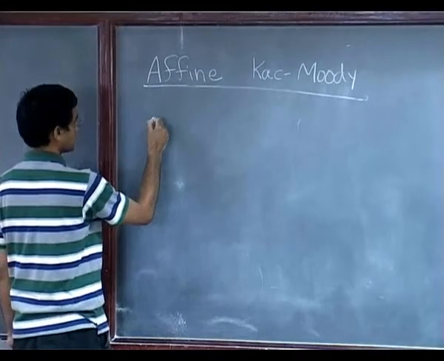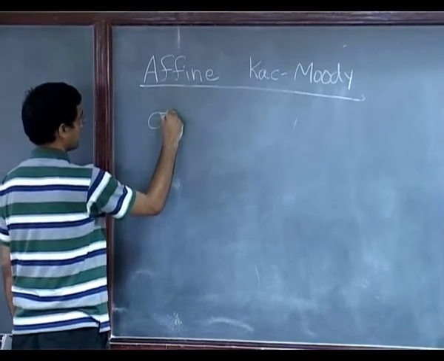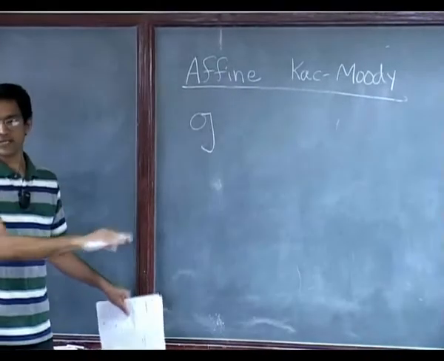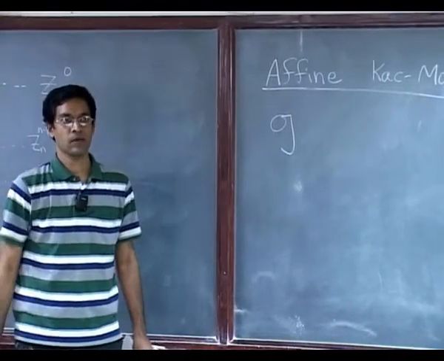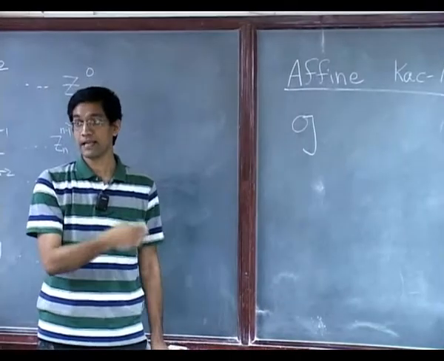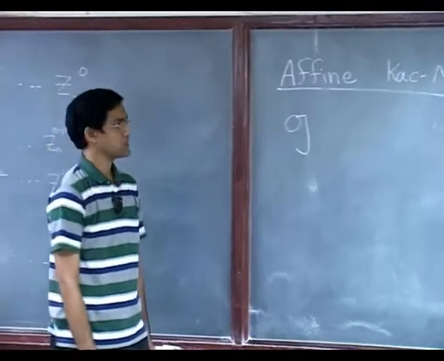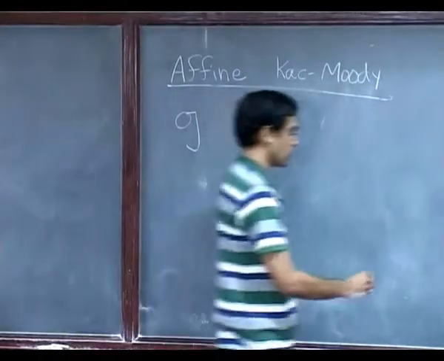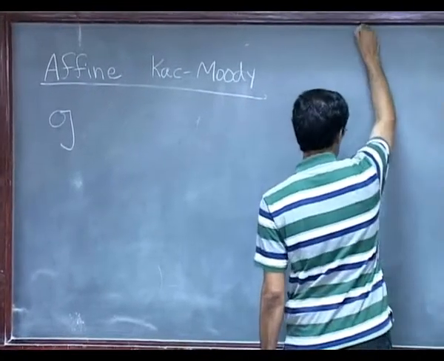Recall again, if I am talking about affine Kac-Moody algebras, I have the exact same kind of formula that Raghavan did, the Weyl-Kac character formula. It looks exactly like the Weyl character formula. So let us write the formula first and then figure out what the various ingredients mean.